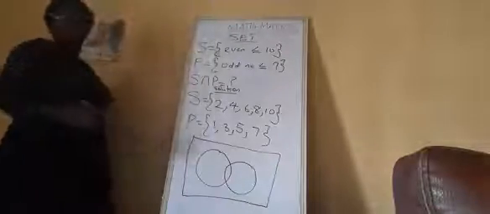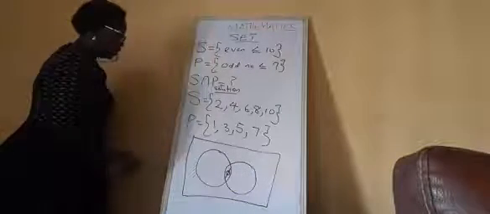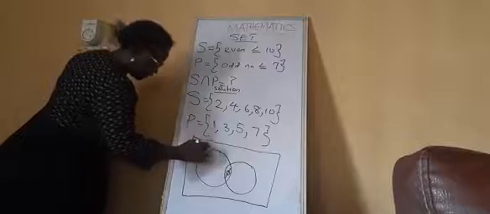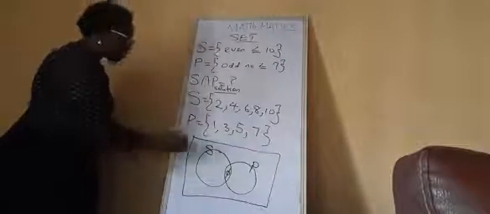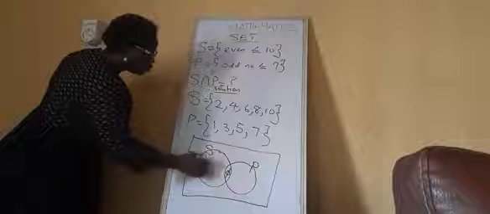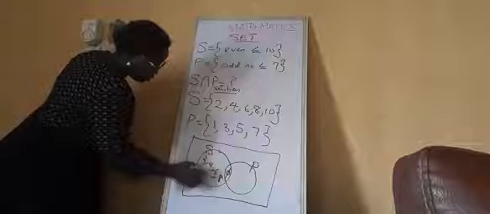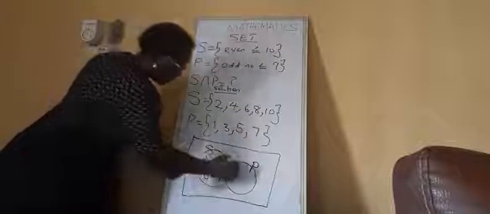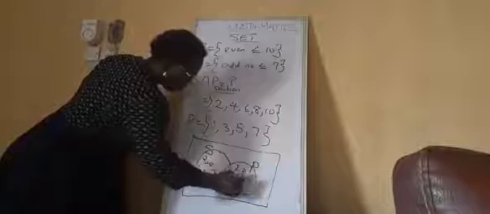Since there's no relationship between them, you put empty sets here. Then you can write your S here and P here. So what are the elements? You have 2, 4, 6, 8, 10. Then here you have 1, 3, 5, 7.